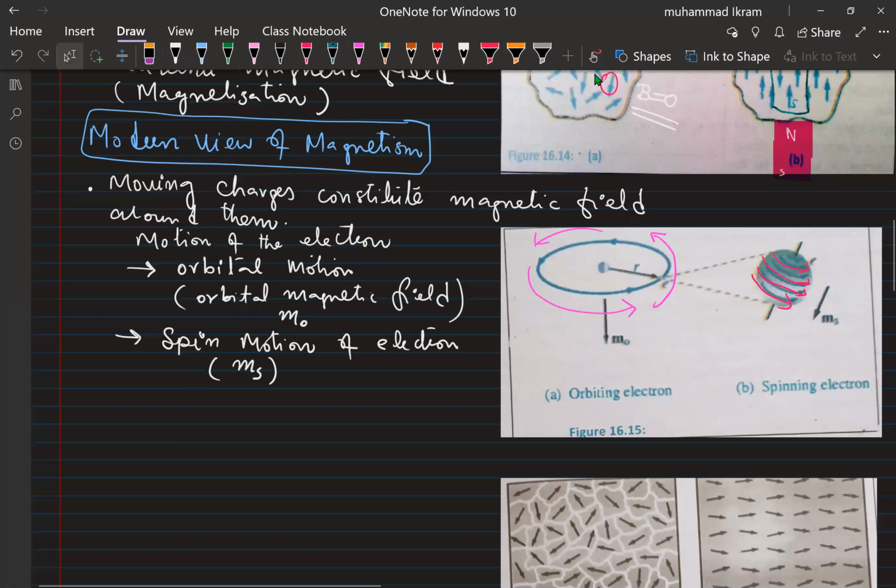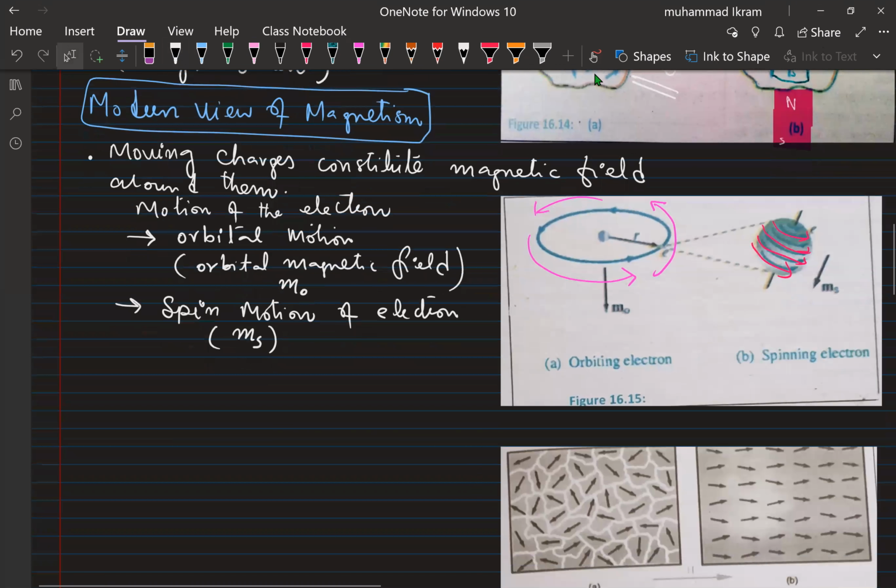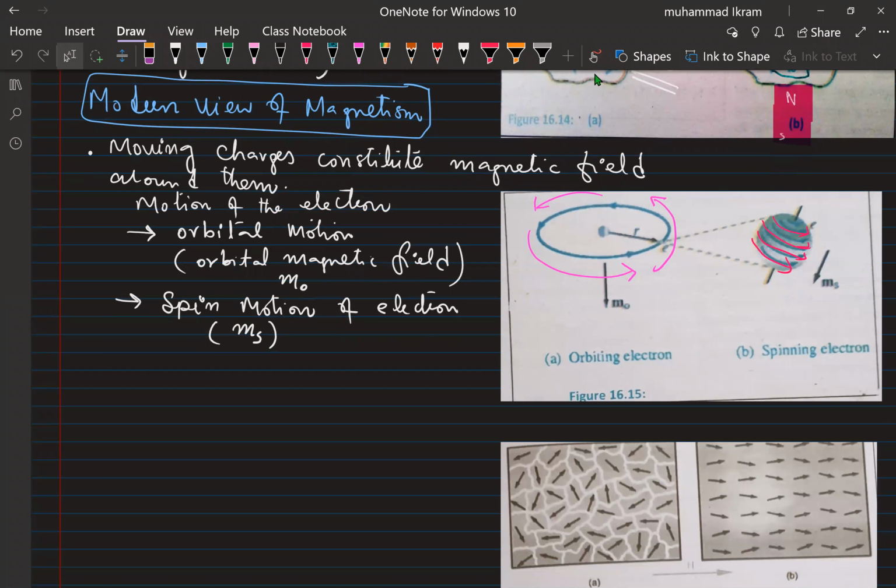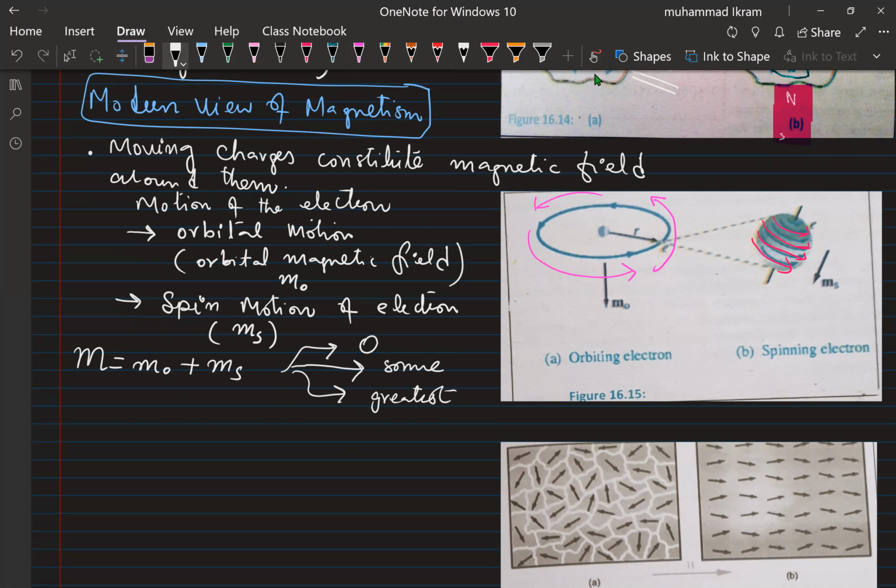So these two magnetic fields may be added up together, resulting in another magnetic field M. This resultant magnetic field may be either zero, depending on the orientation of the orbital magnetic field and the spin magnetic field, or they may be added up to the greatest strength.